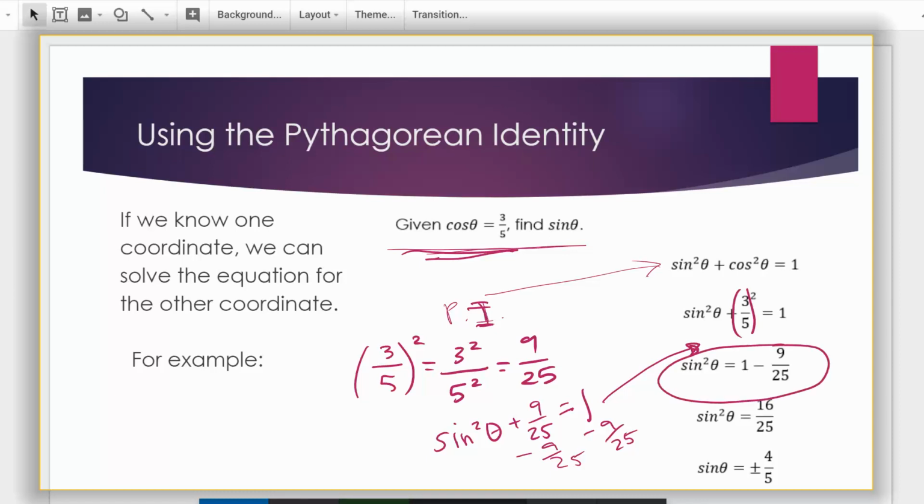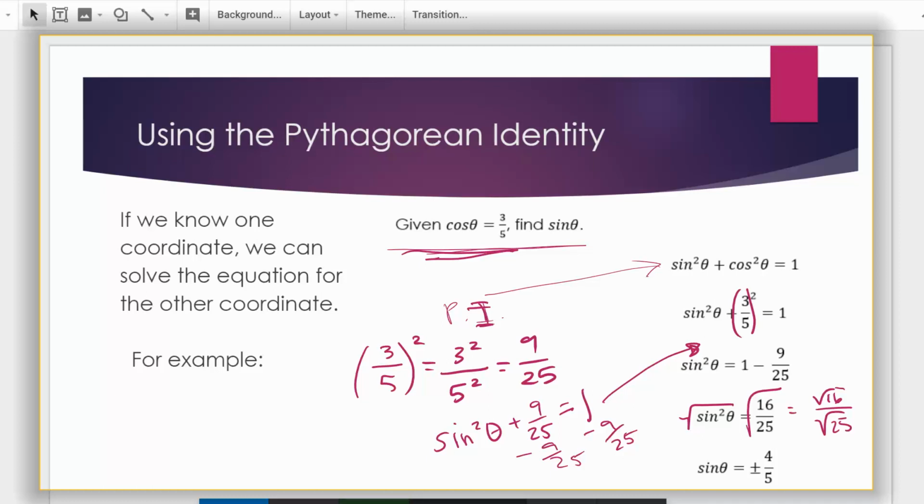Then 1 minus 9/25 is equivalent to 16/25. They left it as a fraction because right here you're going to take the square root of this value to get rid of the square, and these are perfect squares. The square root of 16 is 4 and the square root of 25 is 5, so you can break it up as the square root of 16 over the square root of 25.